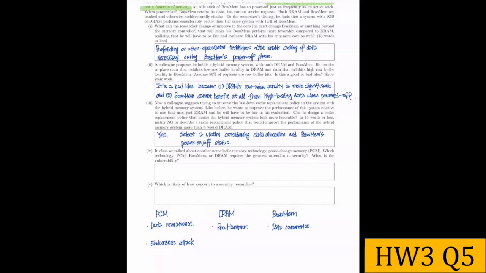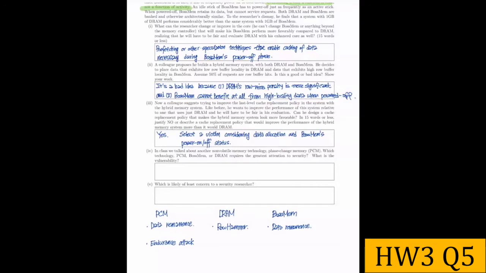But it is quite difficult to clearly say, for example, when you compare PCM and DRAM, that one is more vulnerable than the other, as they have different security vulnerabilities, and people can actually think differently about what is the most serious security vulnerability, right?